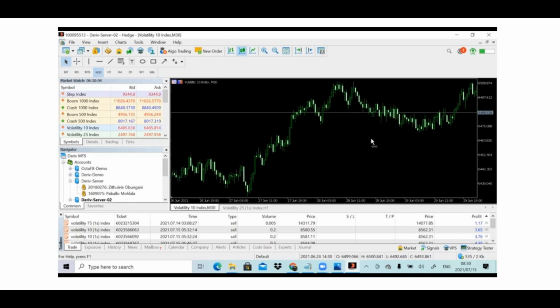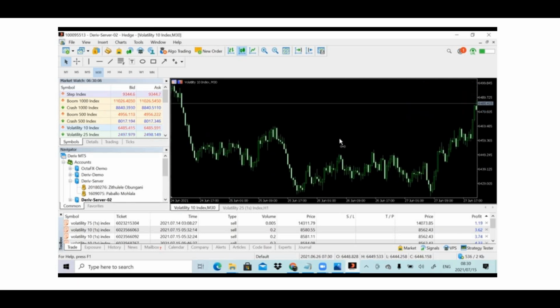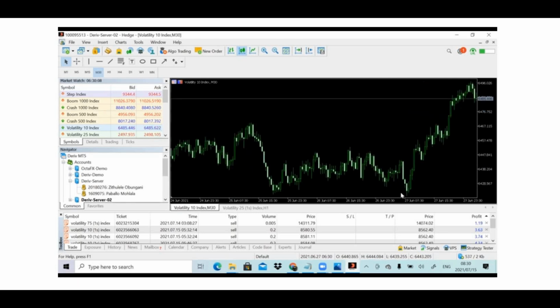Let's look at the other one. Here's a double one there. Then here, then here. You get your neckline there.